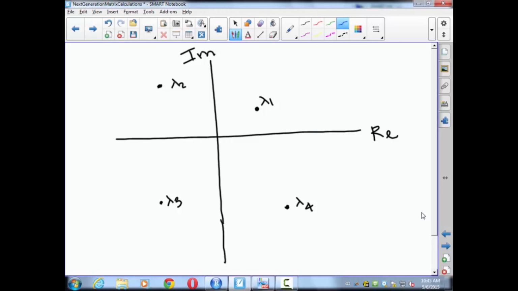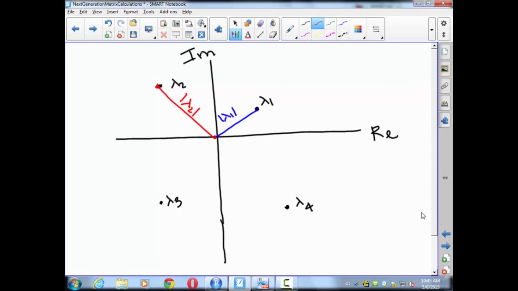We use the modulus, for example, for lambda 1. The distance from the origin in this plane is measured by the modulus. This would be the modulus of lambda 1. We now take here and measure the distance of lambda 2 through the origin. So this would be modulus of lambda 2.